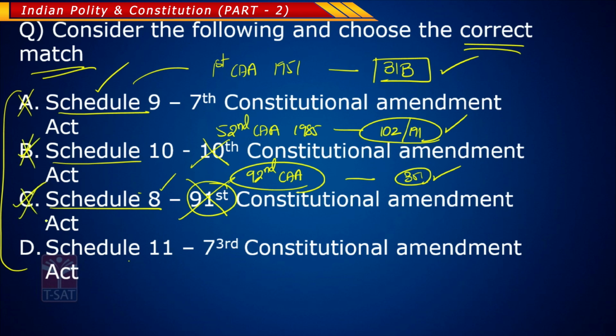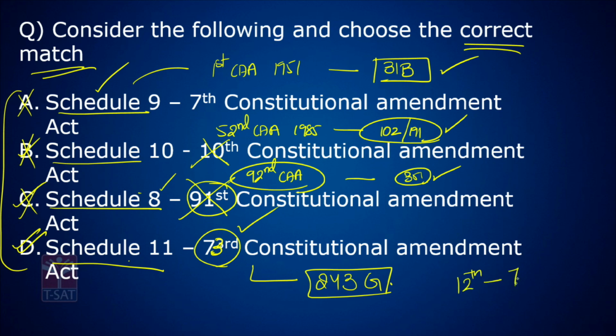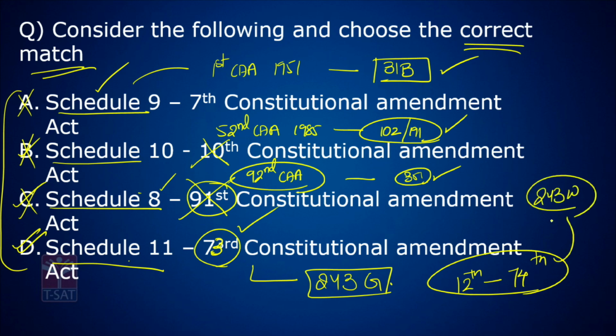And the last option we are left with is Schedule 11. Schedule 11 is actually the 73rd Constitutional Amendment Act, this is correct, and this is linked to Article 243G. And you have the 12th schedule. 12th schedule is linked to the 74th Constitutional Amendment Act, linked to Article 243W.